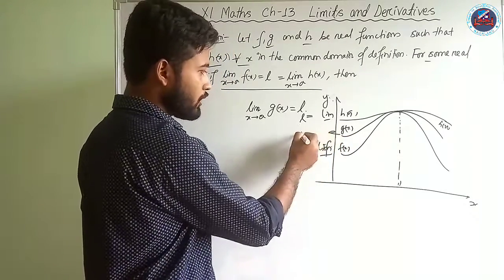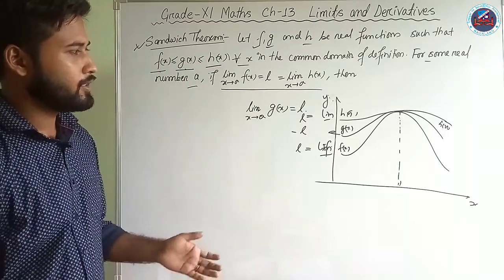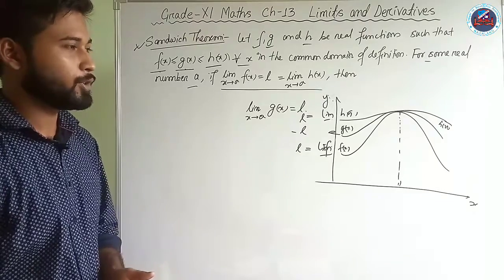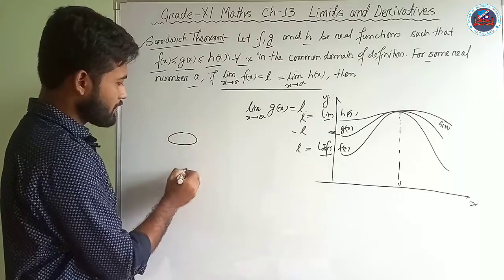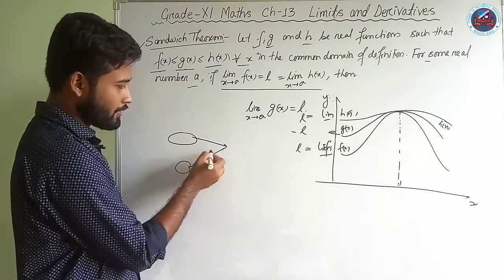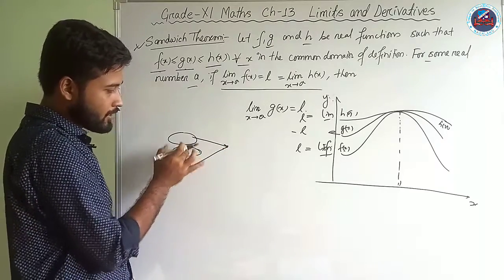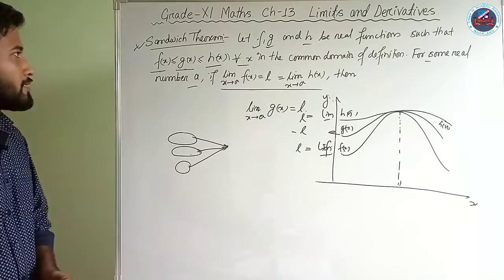Its limit will also be L. Okay, so this is the definition, or the concept, of the sandwich theorem. And you can say otherwise, if this is converging to this point and this is converging to this point, then whatever is inside these two will be pressed and taken to the same value. Okay, so that's the concept.